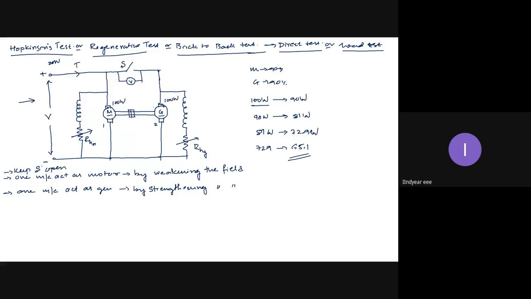So this current is I1. Let me take different colors here. This current is I2.